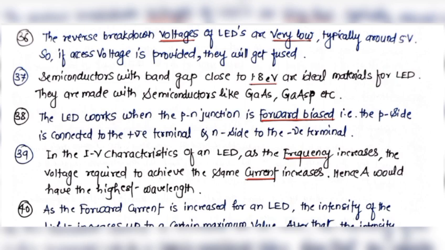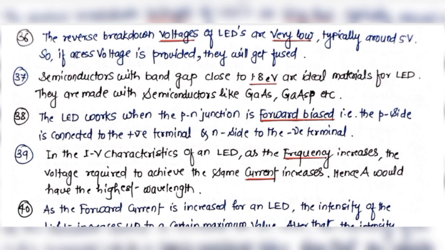The semiconductor diode used for the fabrication of visible LEDs must at least have a band gap of 1.8 eV. The reverse breakdown voltage of LEDs is very low, typically around 5 volts.